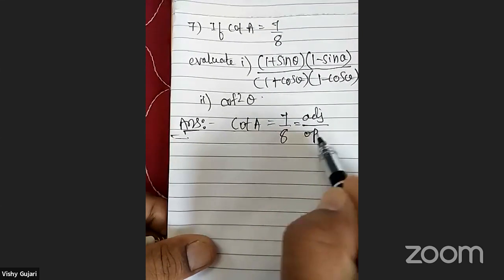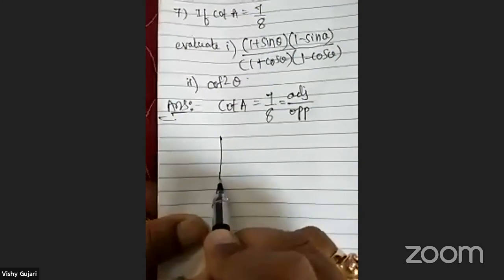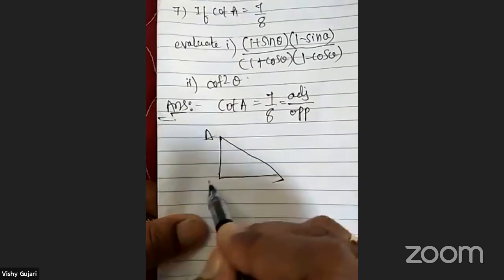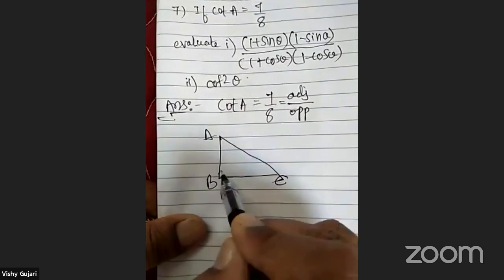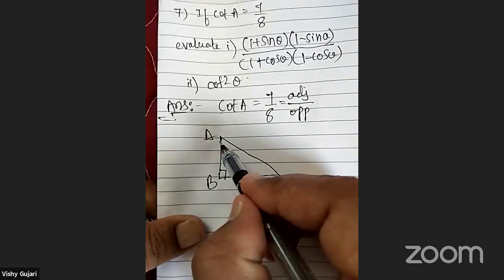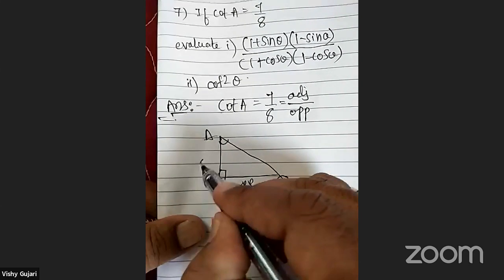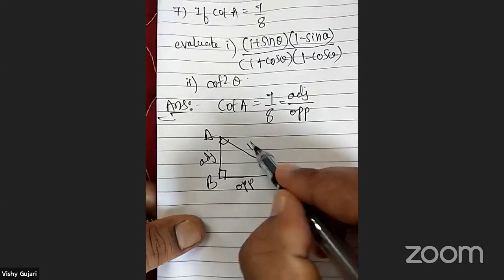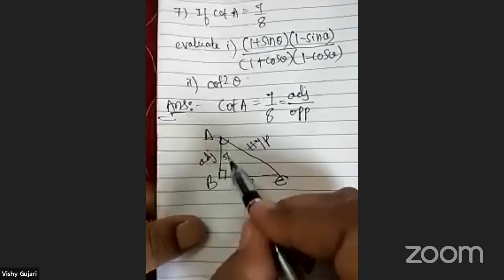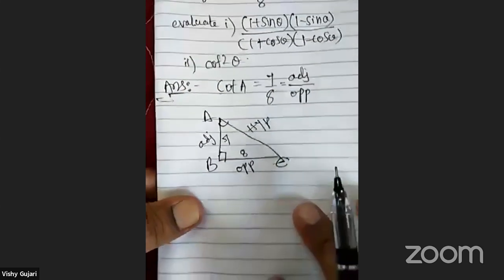In the right angle triangle ABC, cot A, this is your marking. So this will become opposite, this will be adjacent, and this is going to be hypotenuse. Adjacent is 7, opposite is 8. What is hypotenuse? We have to find out.